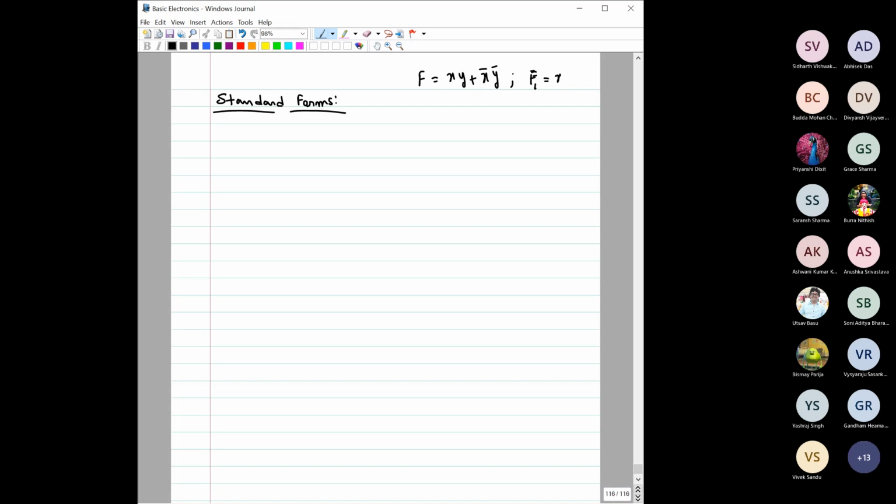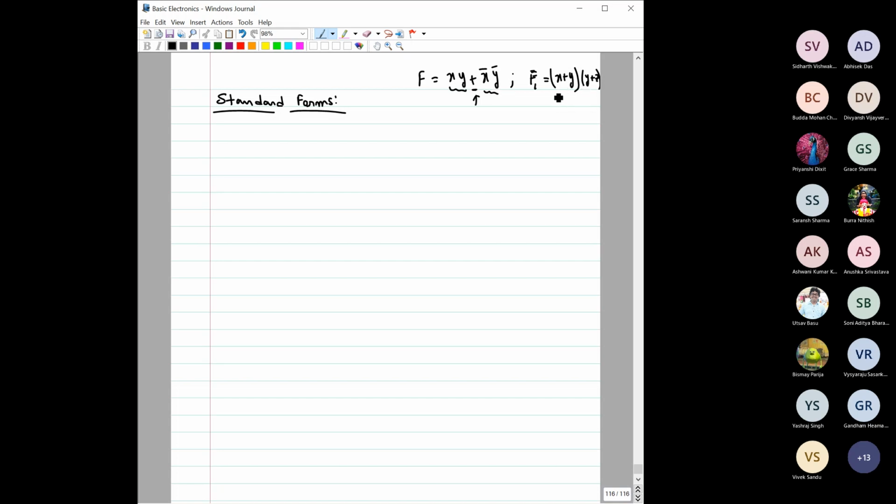I can also write like this: x plus y, then y plus z. These two are different functions, but I can represent them in this way. Here you can see each term is first ANDed, then it has been ORed, or summed up, between them.